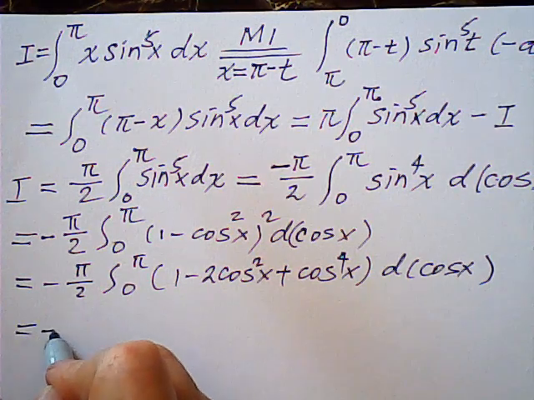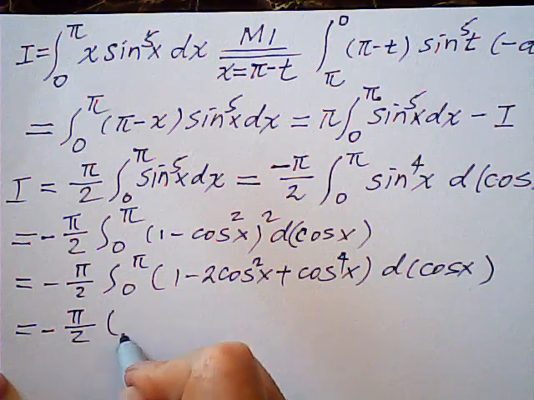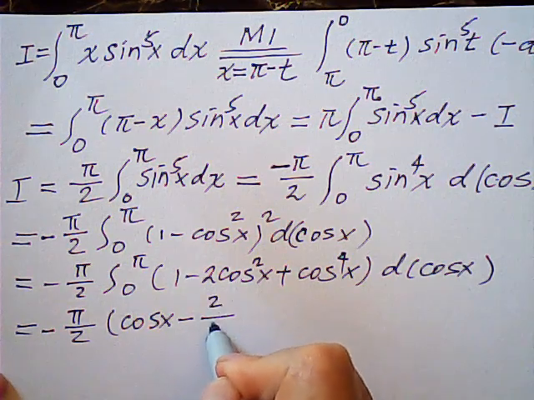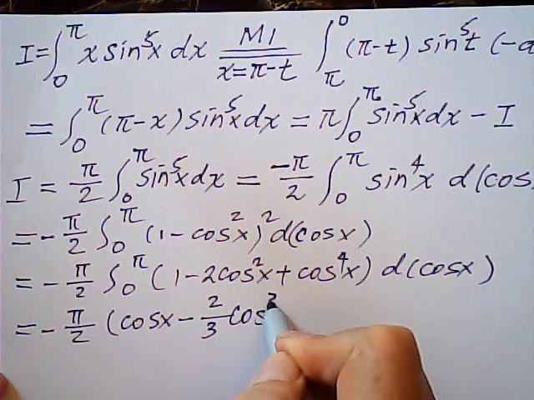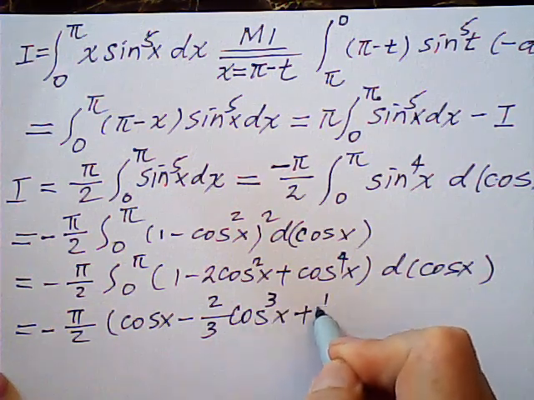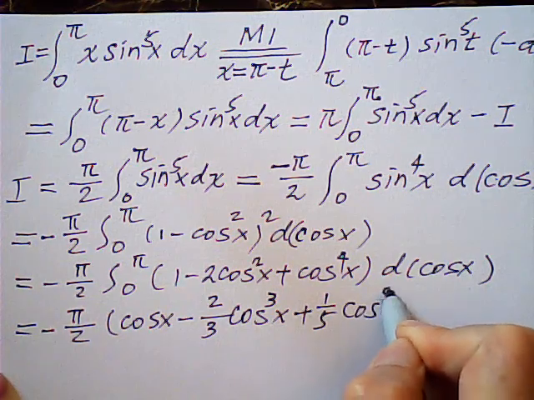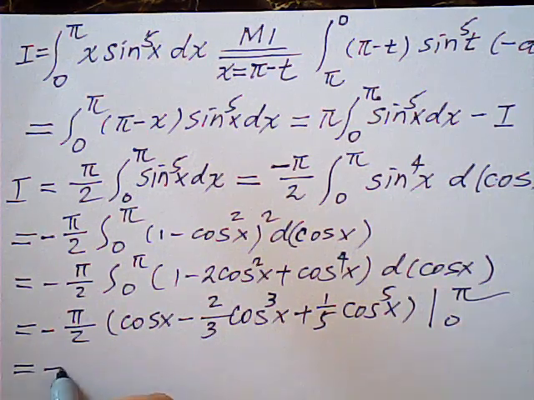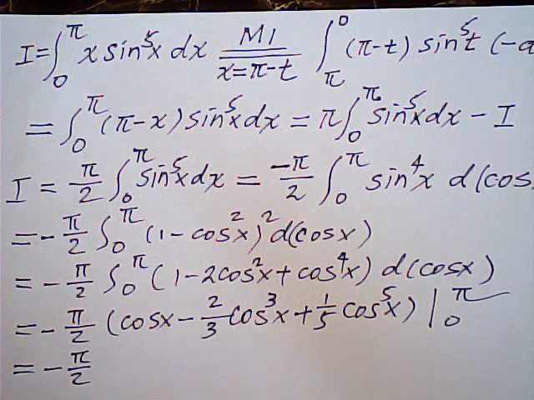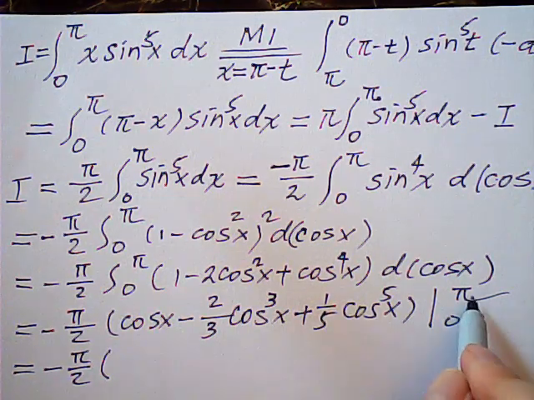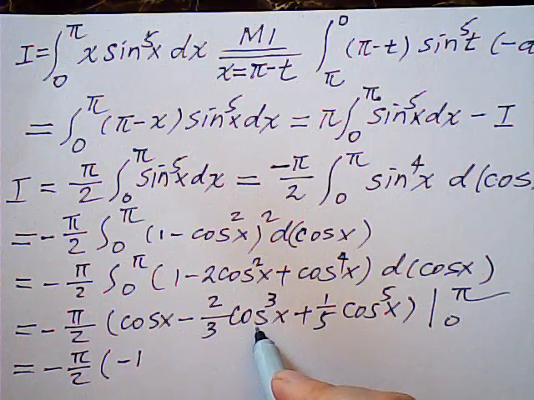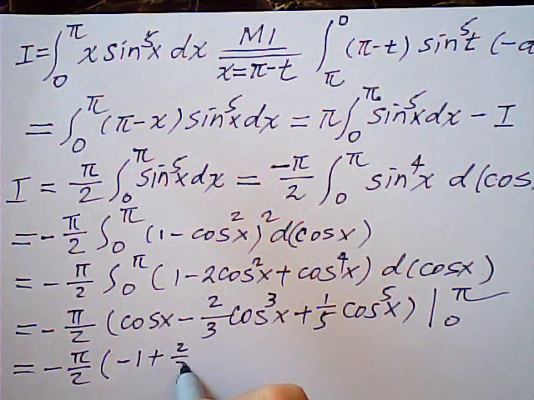So this is obvious. This is a minus half. This integral is cosine. This integral is 2 over 3 cosine 3x plus 1 over 5 cosine 5th x from 0 to pi, isn't it? So this is half pi, half pi. This is negative 1. This is positive 2 over 3.